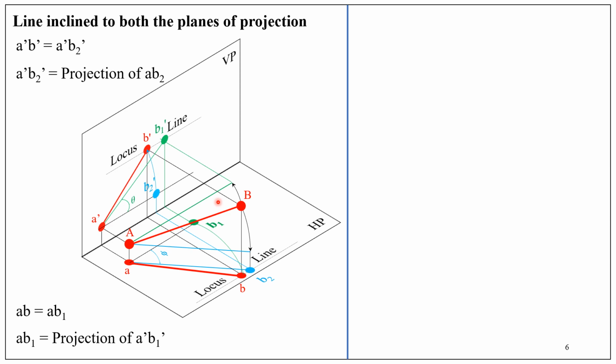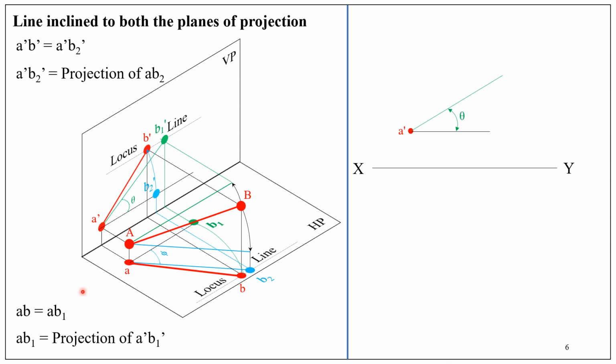For that, draw the XY line first. So XY line is the reference line. And mark the position of point A dash. So A dash is in the front view, which comes above the XY line. And through A dash draw a horizontal line, and at an angle theta draw a line.